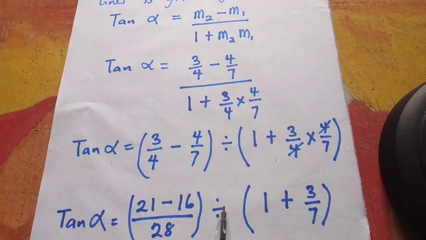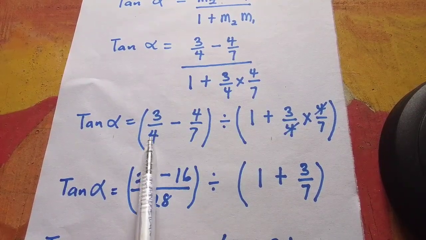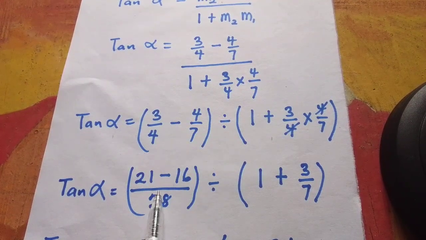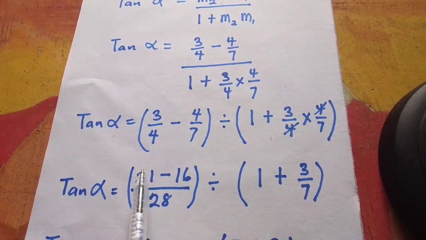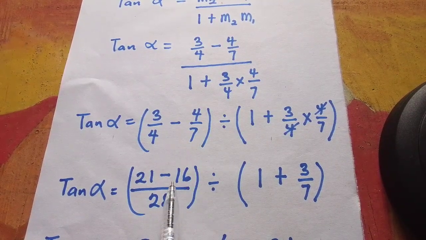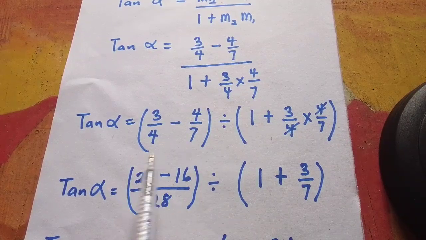We will solve what is in the bracket first. This is the numerator. The LCM of 4 and 7 is 28. How many 4s are in 28? That is 7. 7 times 3 is 21, minus how many 7s are in 28? That is 4. 4 times 4 is 16. So 21 minus 16.